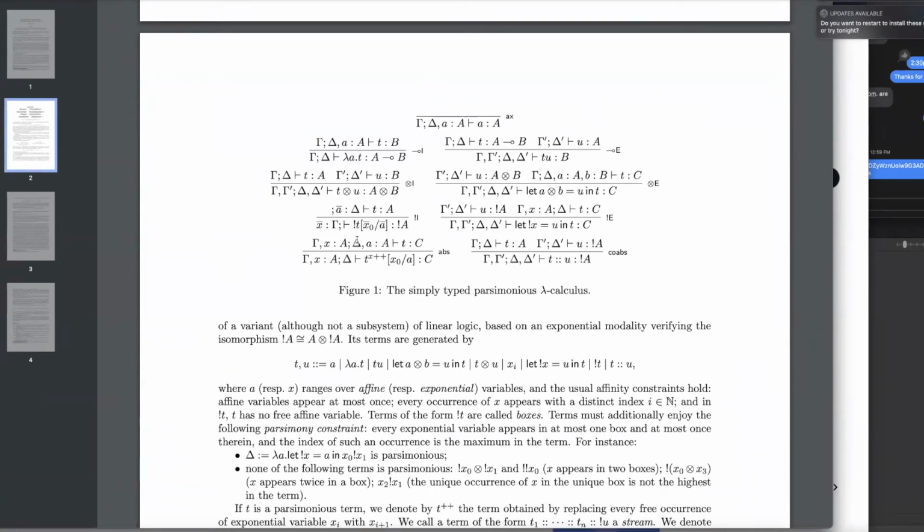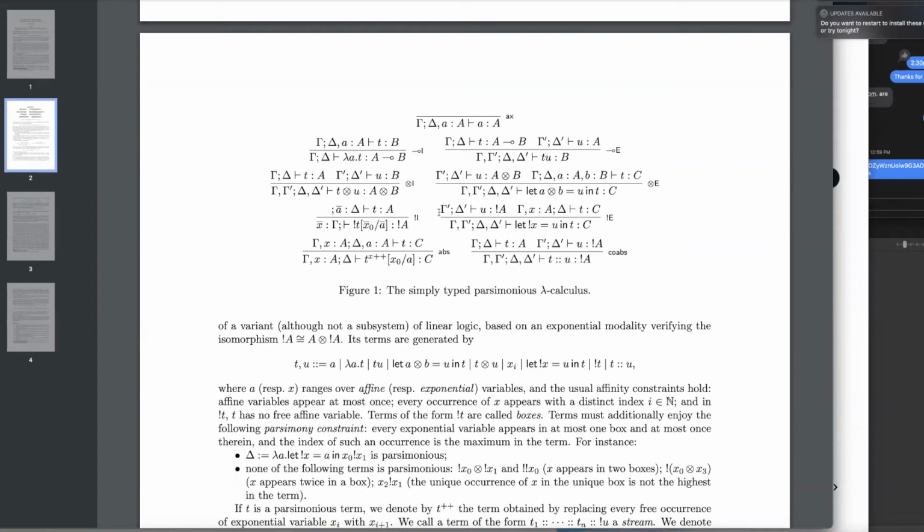So I don't know why he's putting some kind of partition between the gammas and the deltas. So probably this is the affine environment and this is the exponential environment. That's my guess as to what's going on here. So anyway, we put the gammas together, we put the deltas together, and those dependencies give us that T tensor U is A tensor B. So we just form the pair, and so the pair is the pair of the types.